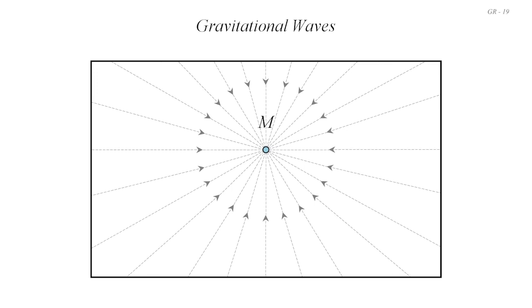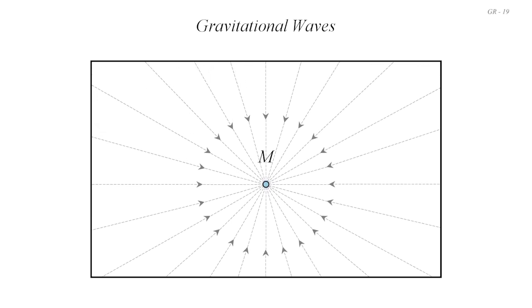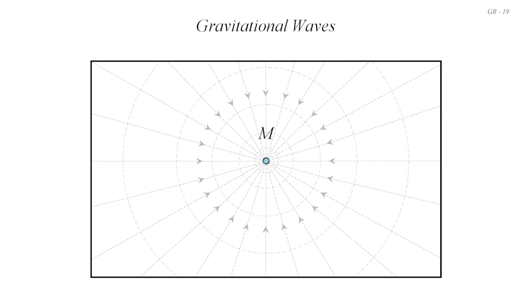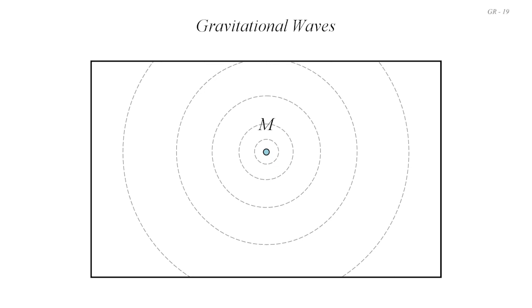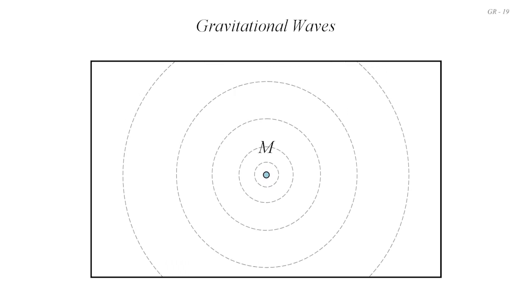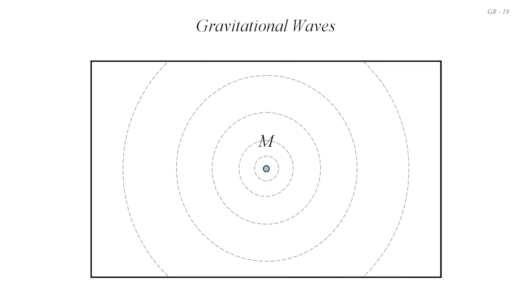We could also illustrate that kind of thing, of course, not only with this picture here of the gravitational field lines, but also with a depiction of what we might call the equipotential surfaces around the mass, the scalar field values of the potential phi. They would be shown as concentric circles in this two-dimensional picture.